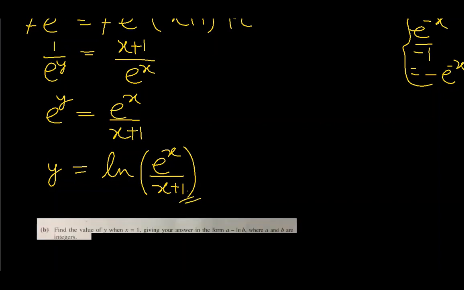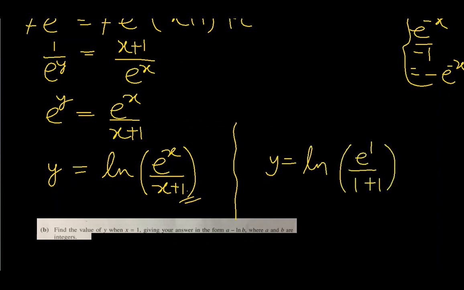We have a b part also. Find the value of y when x is equal to 1, and this is the format they want us to express it. All right, so let's write y equal to ln, now x is 1, e to the power 1 over 1 plus 1. But the format has to be this way.